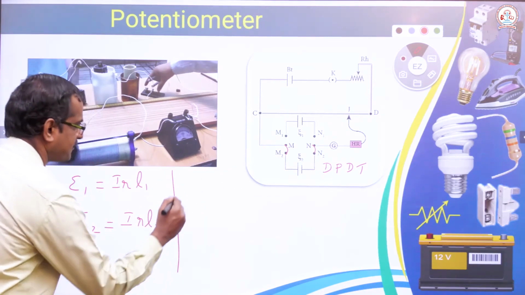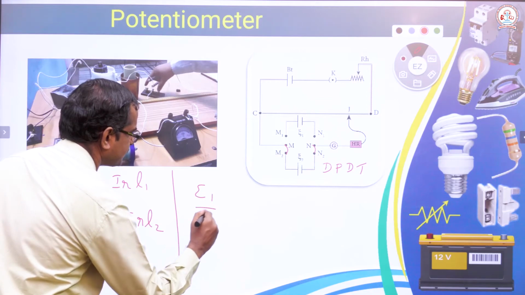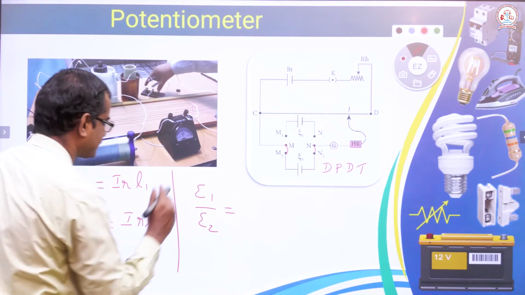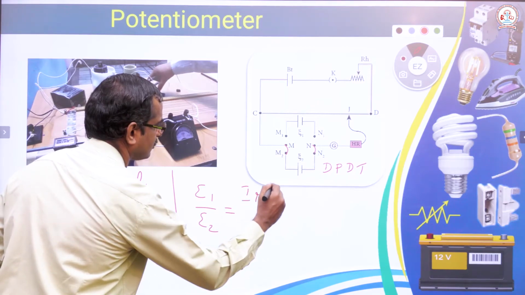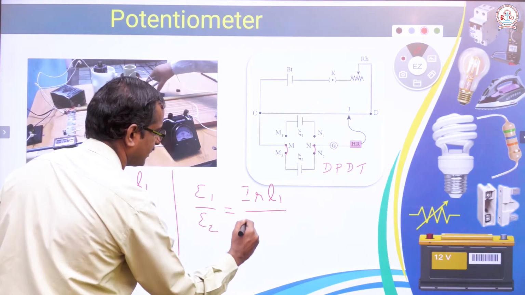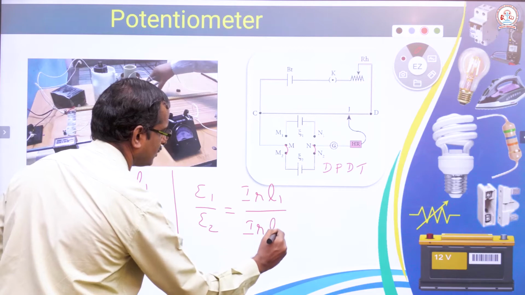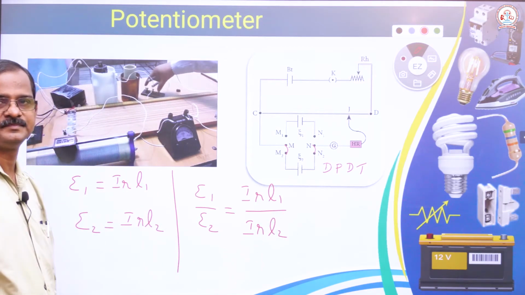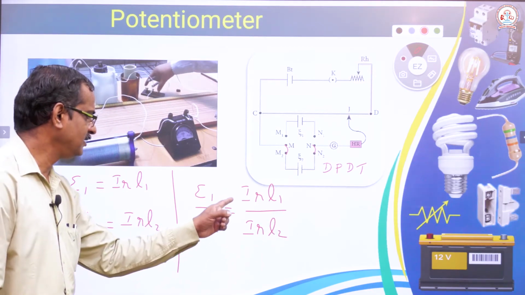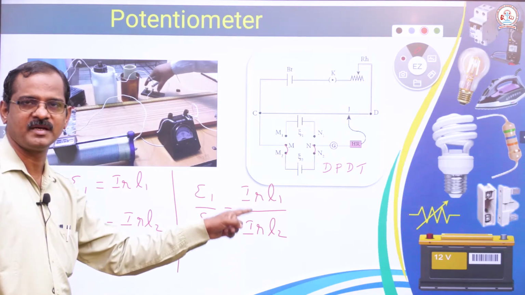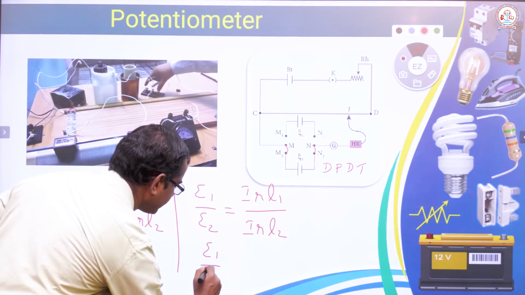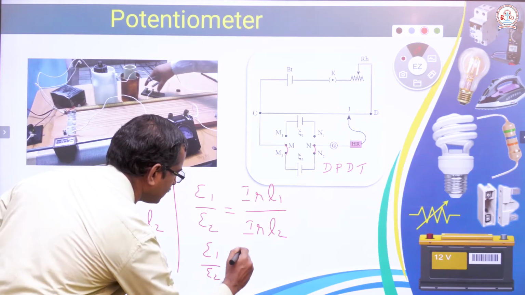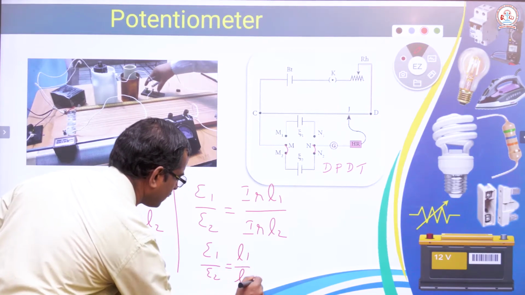Then epsilon 1 by epsilon 2 is equal to I into r into L1 divided by I into r into L2. I cancels, r is also getting cancelled. Then we get epsilon 1 by epsilon 2 is equal to L1 by L2.